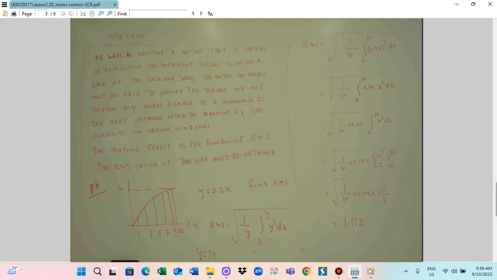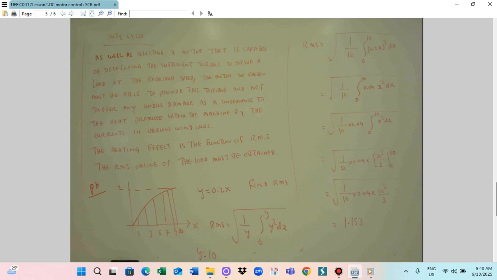10 divisions means 1 by 10, integration 0 to 10, y square dA, where y is given as 0.2 times 8. So 0.2, 8 square into dA. So this is the equation we substitute.